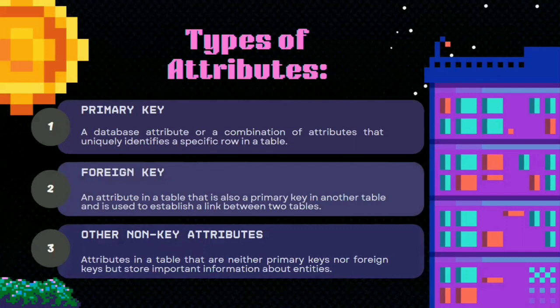The last one is other non-key attributes, which means attributes in a table that are neither primary keys nor foreign keys but store important information about entities.